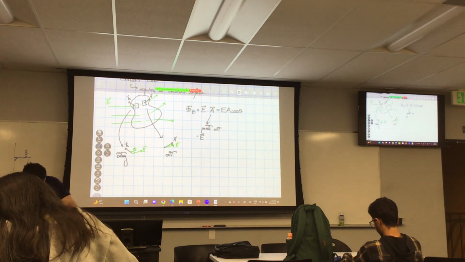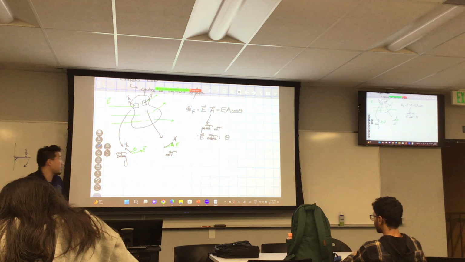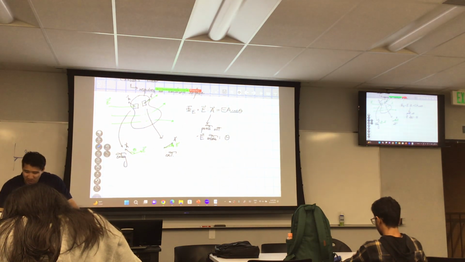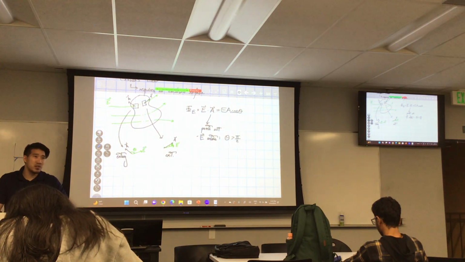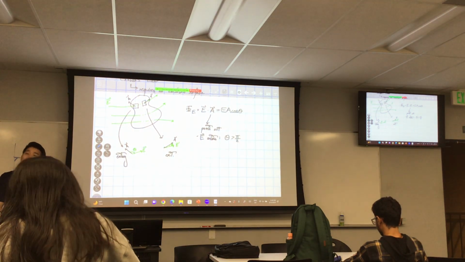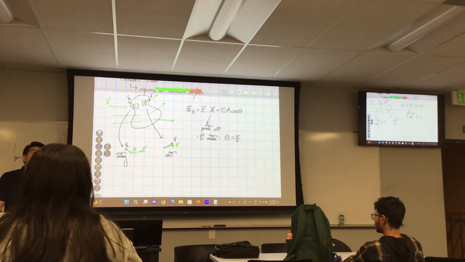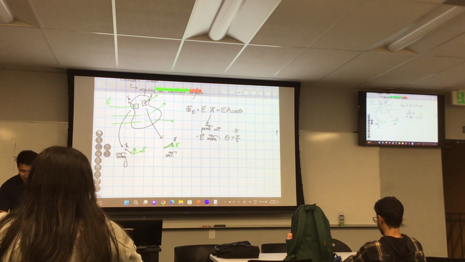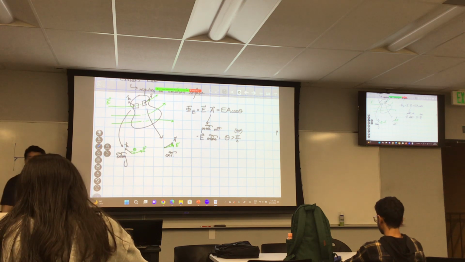So when an electric field enters, the angle is very large. And we have a specific range that it will always be greater than pi over 2. What is pi over 2 in degrees? So this is also 90 degrees. So the angle will always be greater than 90 degrees.